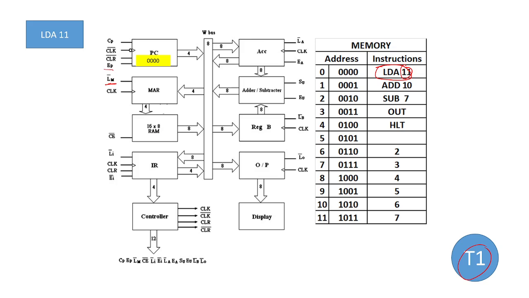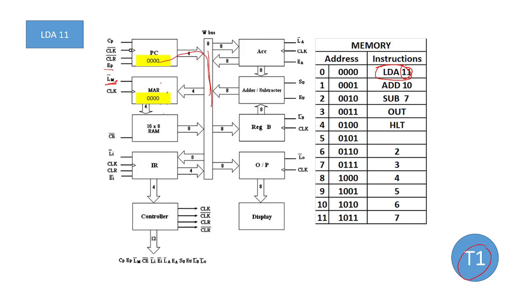So that means that the contents of our program counter will be sent to our W bus. This one will be sent here, and since our LM here is active, the content will be accepted in our MAR.